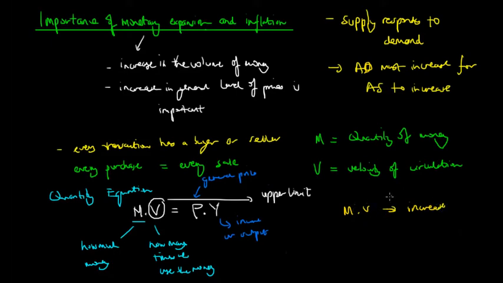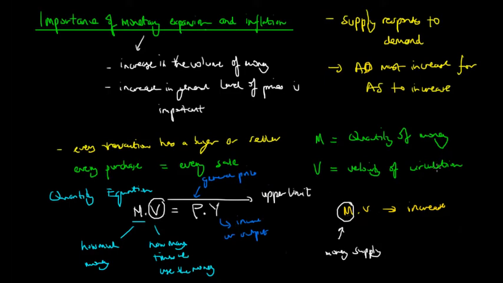And since there is an upper limit to the velocity of money, for M times V to increase, M has to increase, and M being the money supply of the economy. And so now all economists agree that there must be a sustained increase in monetary growth or monetary expansion in order for aggregate demand and therefore aggregate supply to increase, because there is this upper limit to V.